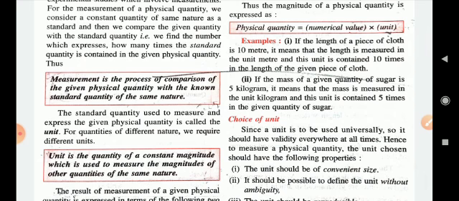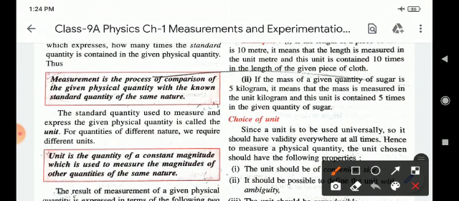If we say 1 Newton, 1 is the magnitude and Newton is the unit. The unit is the quantity of a constant magnitude which is used to measure the magnitude of other quantities of the same nature.